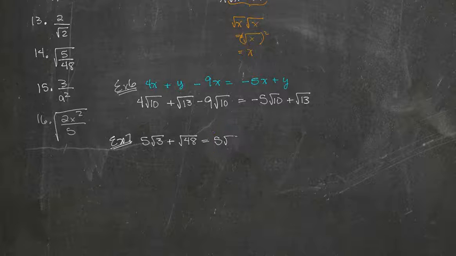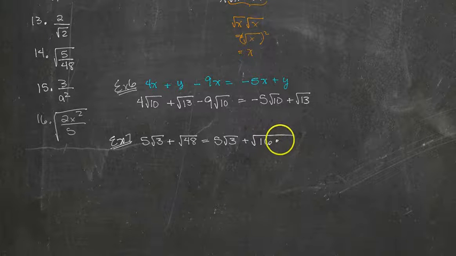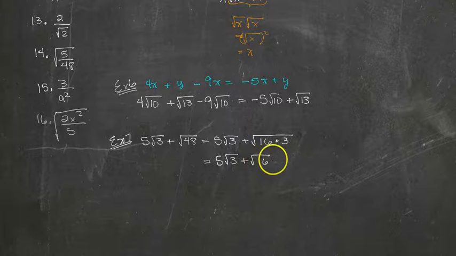I have 5 root 3, which we know isn't going to change in any way, but 48 is the same thing as the square root of 16 times 3. Well, now I'm looking at 5 root 3 plus the square root of 16, which we can already see is 4, times the square root of 3.